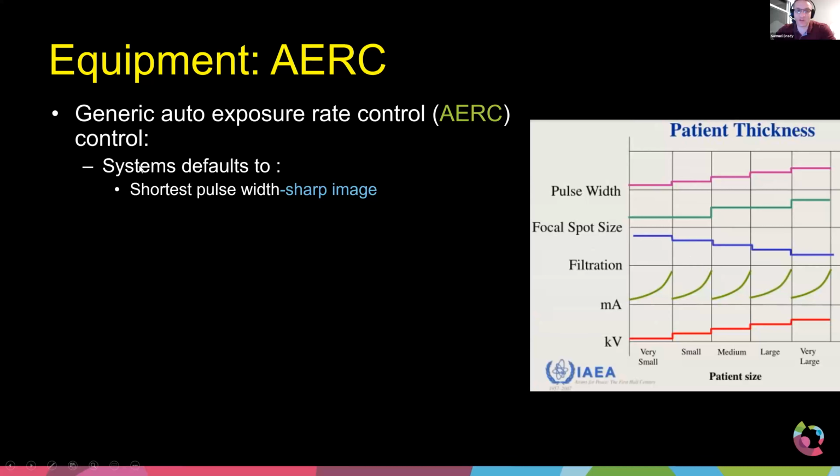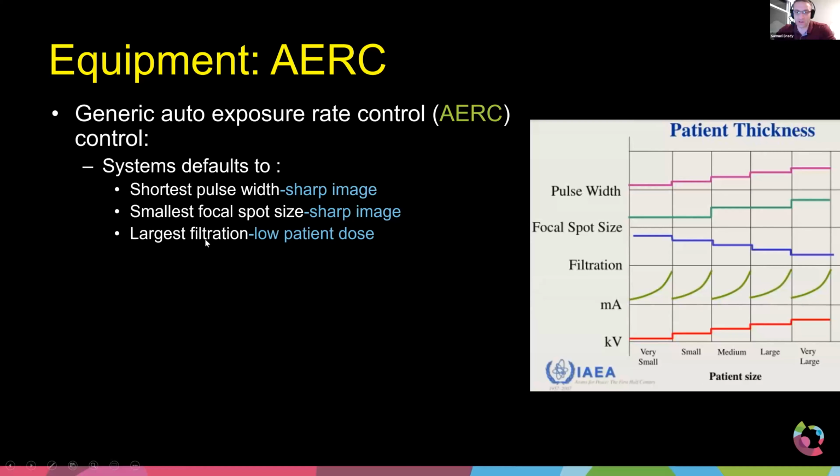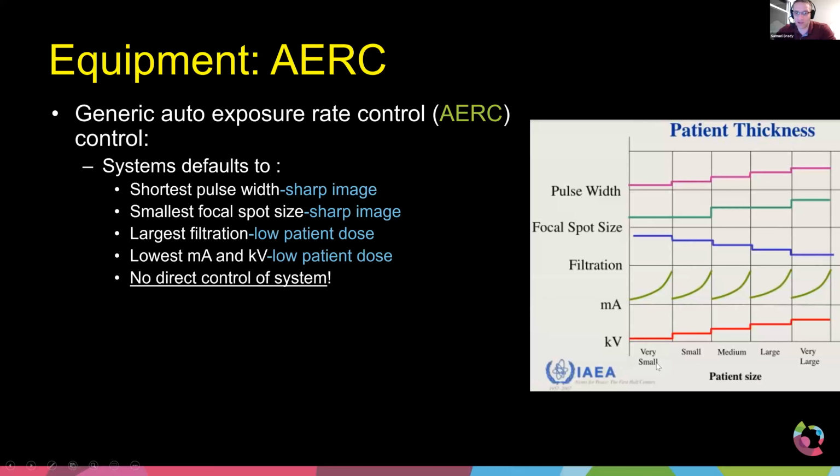The system will always try to do the shortest pulse width possible, which gives a very sharp image, the smallest focal spot size, which will give a good resolution, sharp image, the largest filter possible, which gives low patient dose, the lowest MA and the lowest KV, which give low patient dose, and I might add, low KV equals high contrast. Obviously, we don't control this. It's the type of patient that we're imaging, very small to very large.